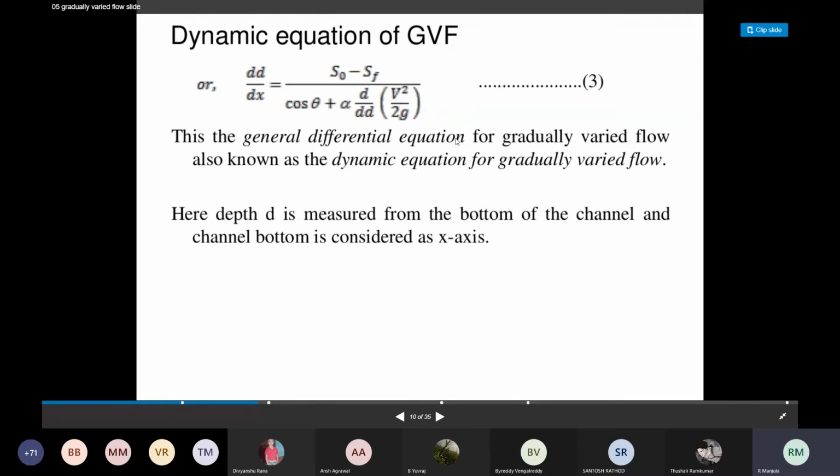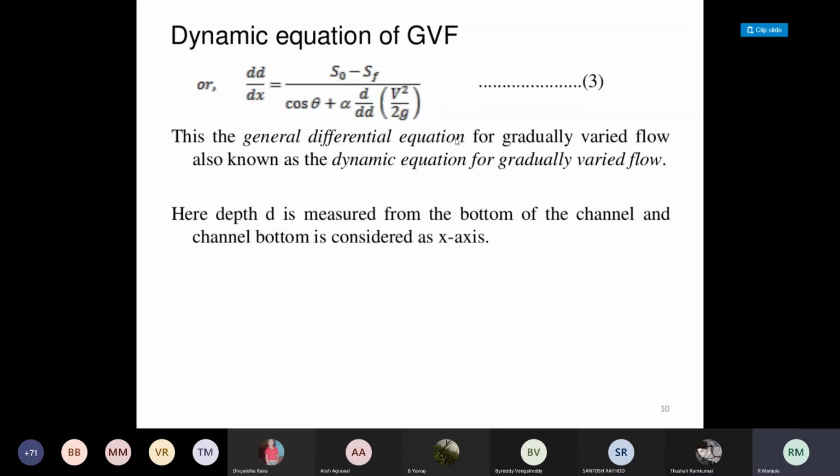So this is the general differential equation for gradually varied flow, or the dynamic equation of gradually varied flow. Here depth d is measured from the bottom of the channel, since we take the channel bottom as the x-axis. This equation is very important.